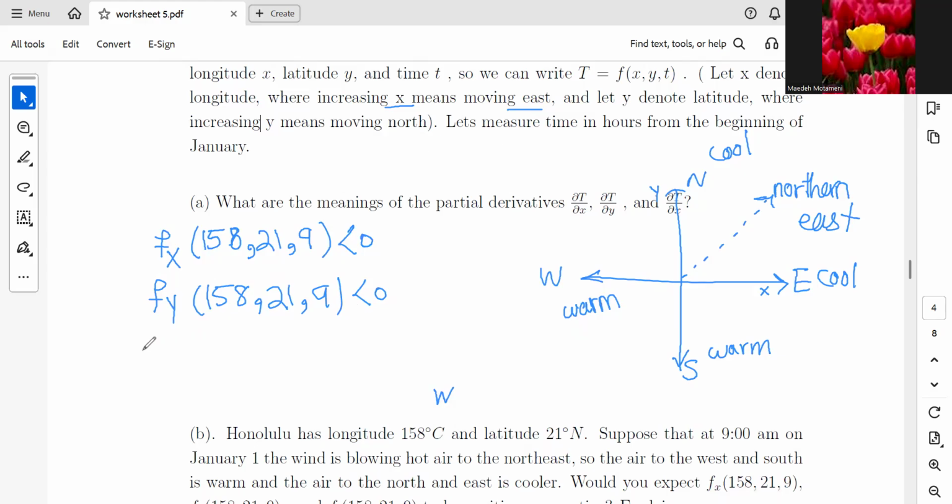And for the last one, the derivative with respect to t of the same point, it will be positive because when time passes, the point gets warmer. The reason for that, based on the question, is that warm wind is blowing. When the warm wind is blowing, the temperature will be higher and the rate of change here would be a positive number.